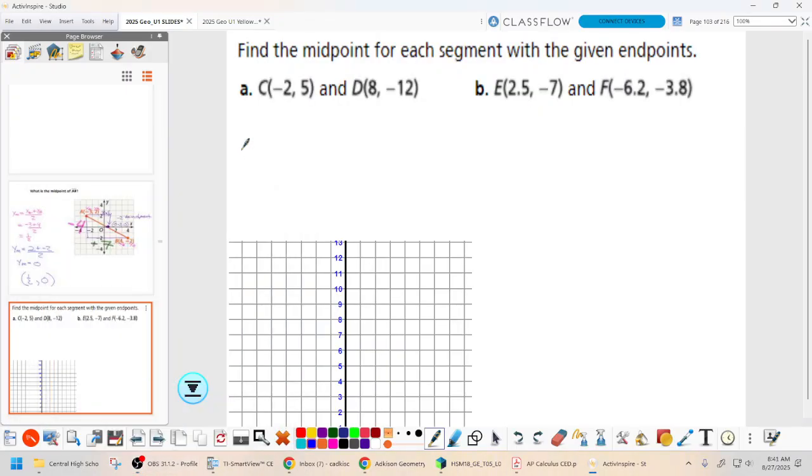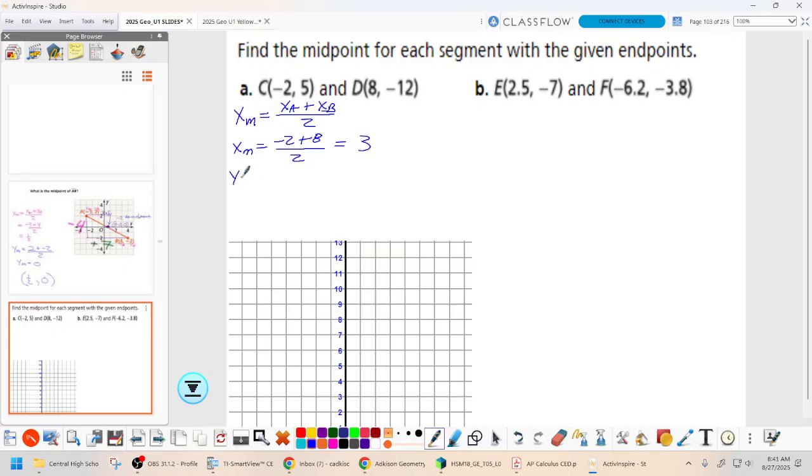Okay, so let's use the formula, and then on this one I'll use the graph just to show the concept. So we know the midpoint is just the average of the endpoint coordinates. So add up, divide by 2. So midpoint x is -2 plus 8 over 2. And so that's 6 over 2, which is 3.